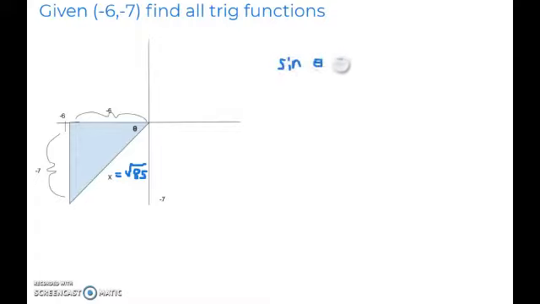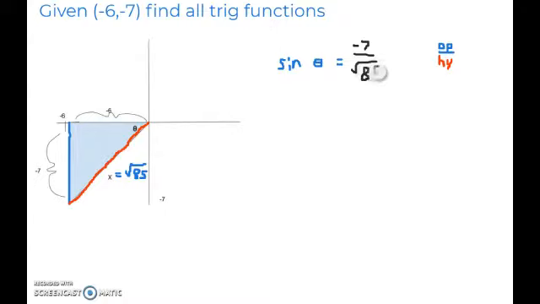So the first one is sine of theta, which equals the opposite over the hypotenuse. And for this, the opposite would be negative 7, and the hypotenuse would be the square root of 85. So first you would write it like negative 7 over the square root of 85.